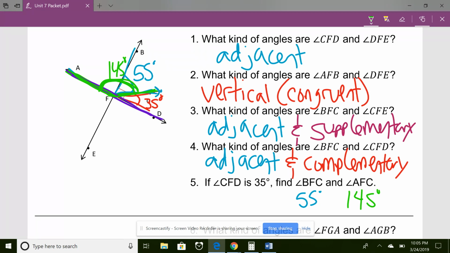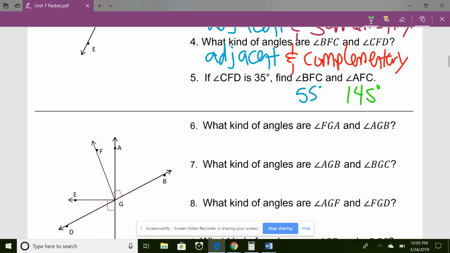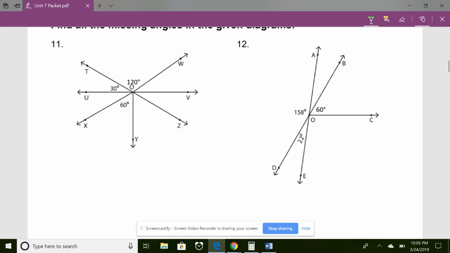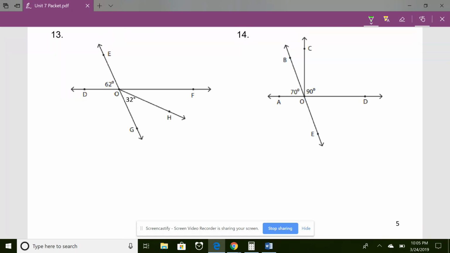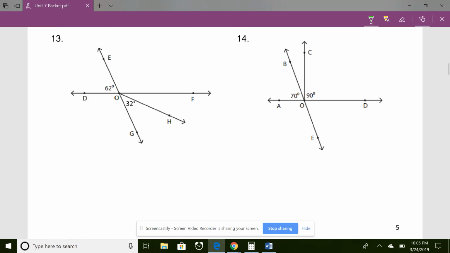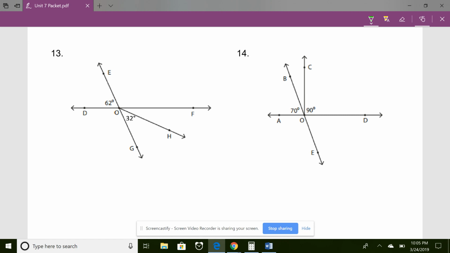So let's take a look at a diagram and fill it out knowing our terminology. Let's look at 13 here. So with this one, might be a little tough.